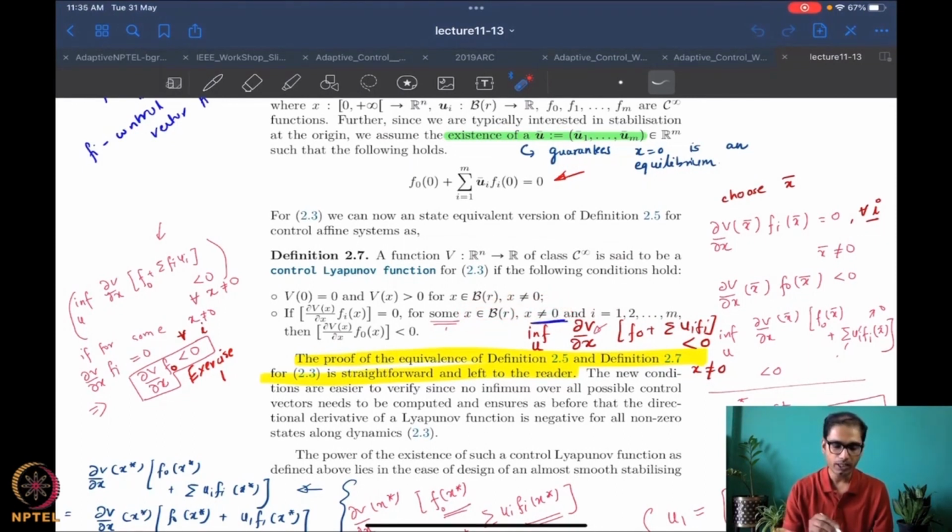Right? So there were two alternative ways of defining this. One was using this infimum. The other was saying that if the control terms contribute nothing, then the drift term has to contribute negative values.